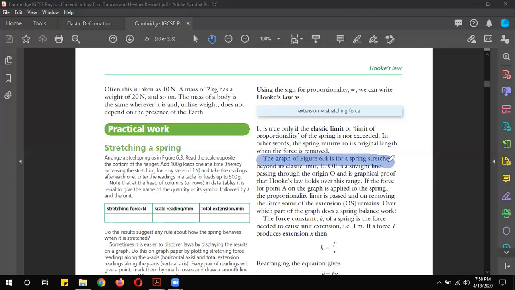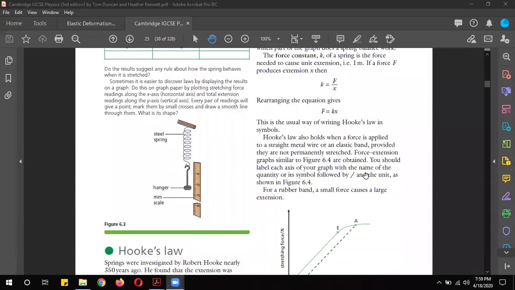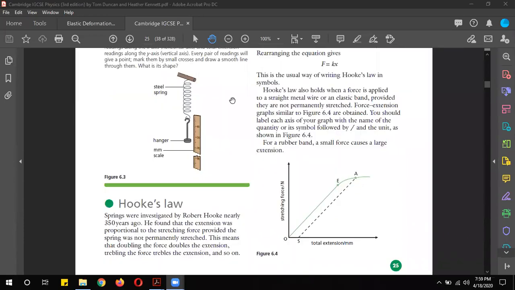The graph, figure 6.4, is for a spring stretched beyond its elastic limit. Up to the elastic limit it is a straight line. It means when it is a straight line, it is obeying Hooke's law. But after the elastic limit, it is no more a straight line. So it is not obeying Hooke's law.